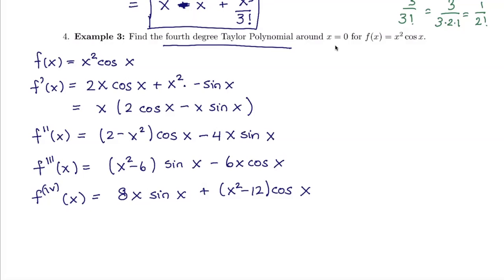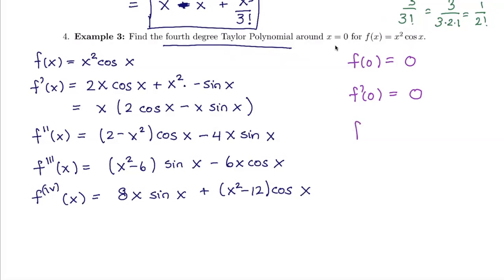For each of these, I then have to evaluate the function at 0. And so I'll get f of 0 is equal to 0 when I plug in 0. F prime of 0 is also equal to 0.